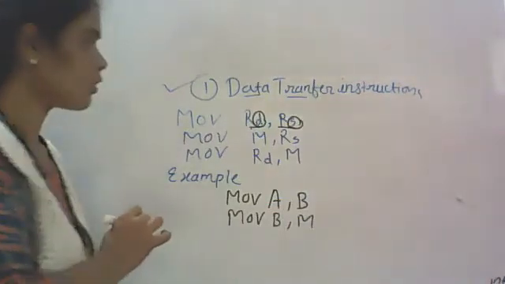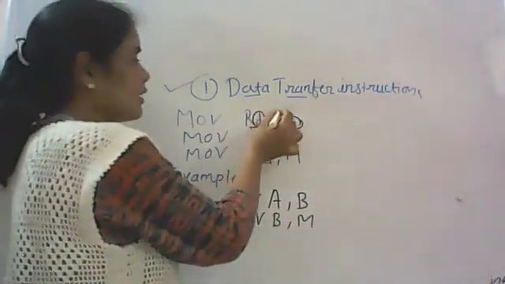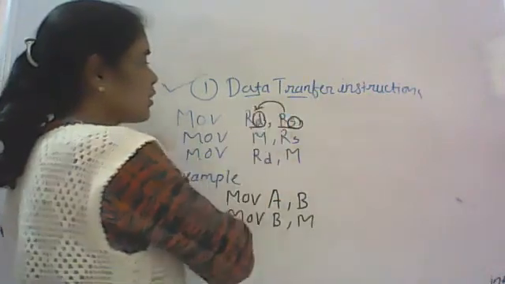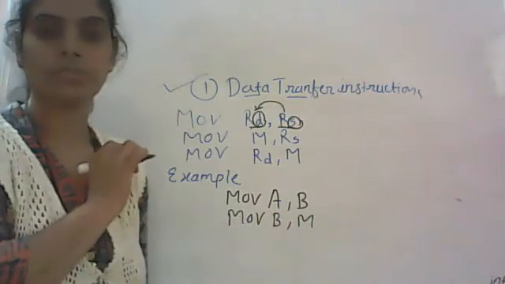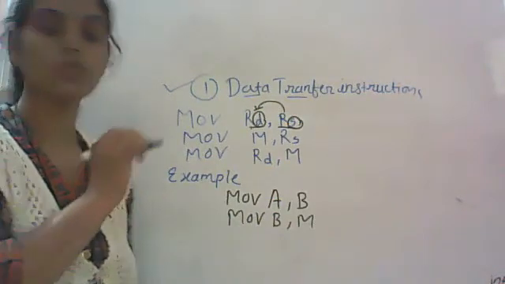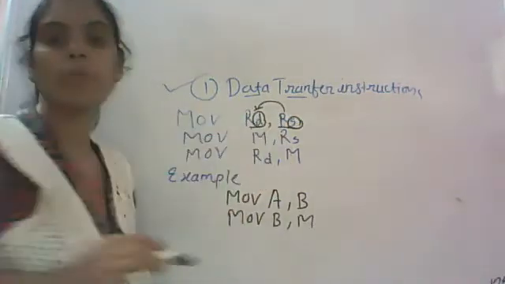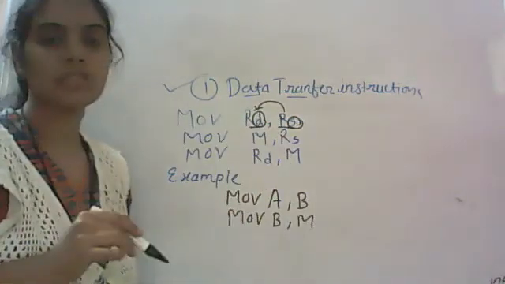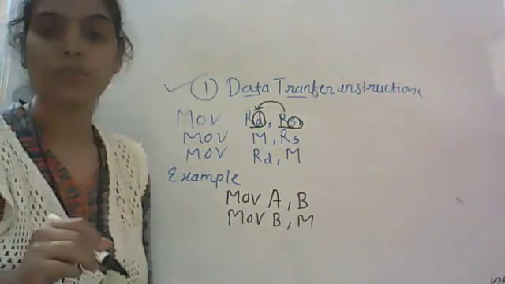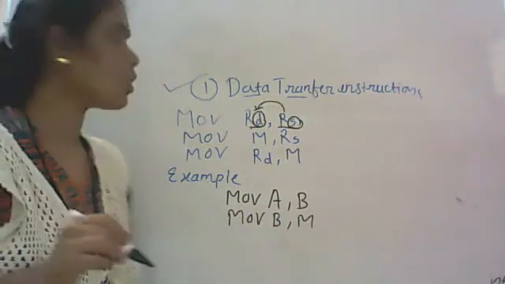Data is copied from source to destination. In this instruction, the content of the source register is copied into the destination register. The content of the source register is not altered.